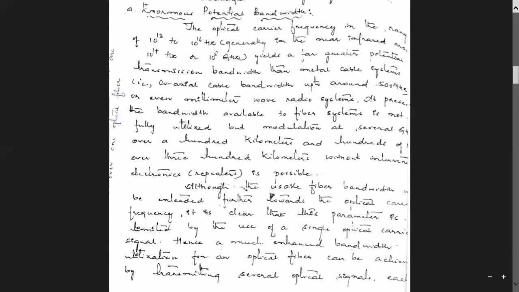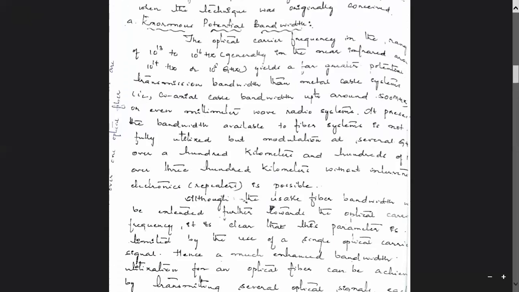The first advantage is the enormous potential bandwidth. This is said to be the first advantage of the optical fiber cable.